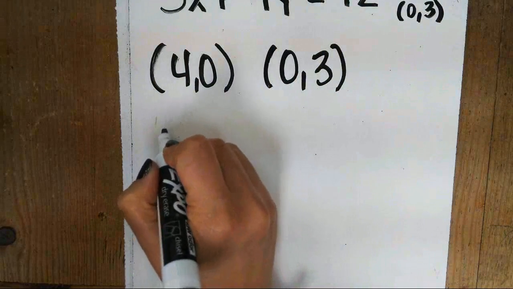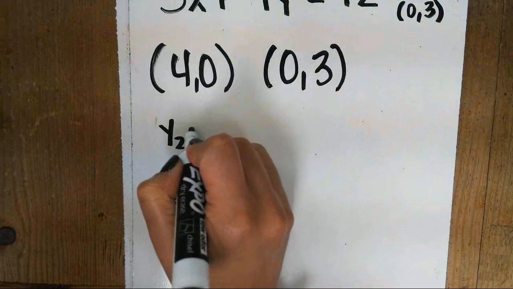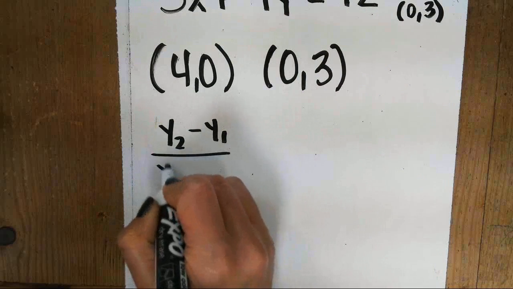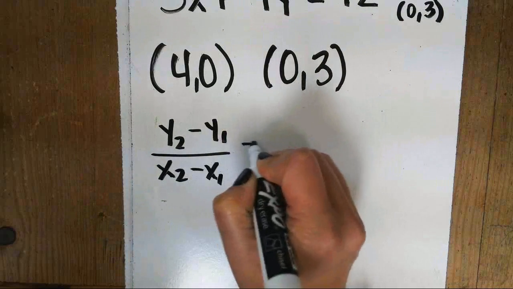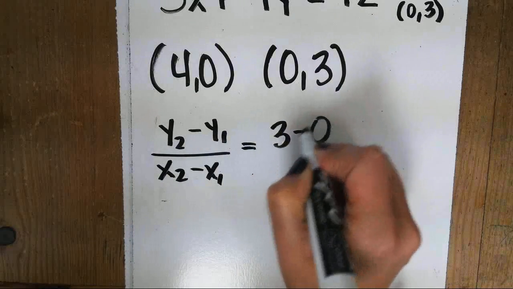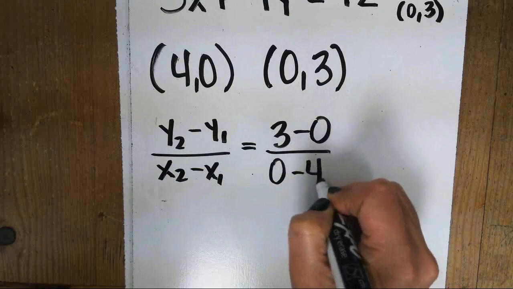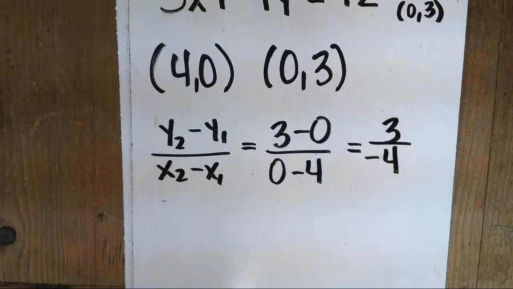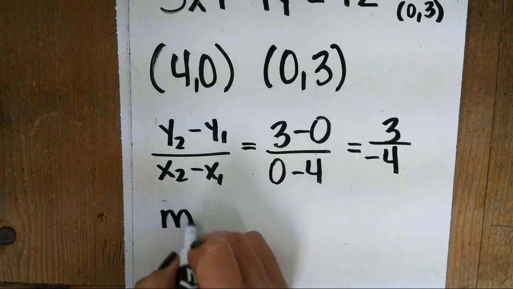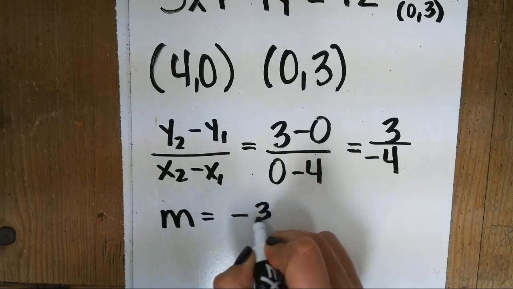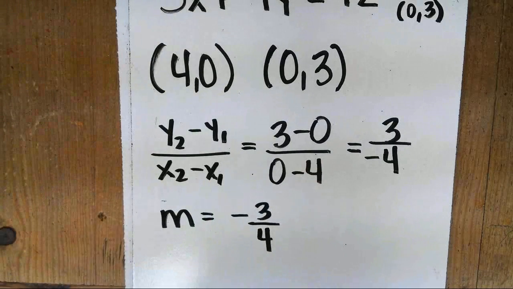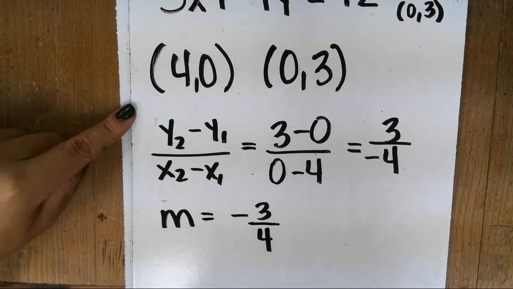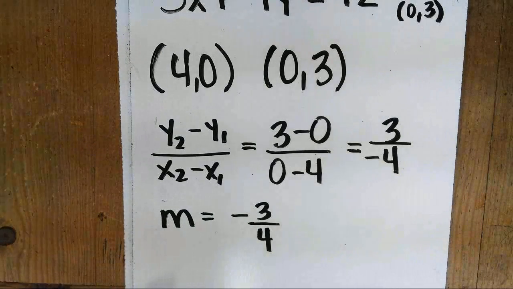I'm going to do now y2 minus y1 over x2 minus x1. I have 3 minus 0 over 0 minus 4, and that gives me 3 over negative 4. So my slope for this line is negative 3 over 4. Okay? That's using the method from your textbook.